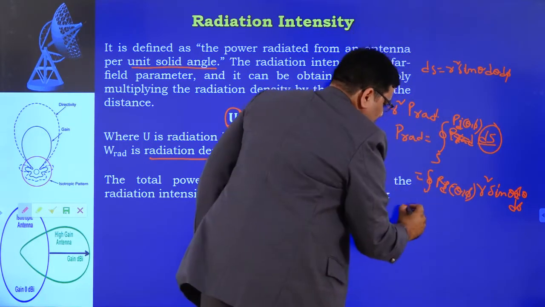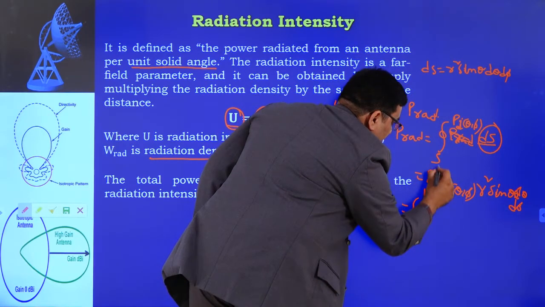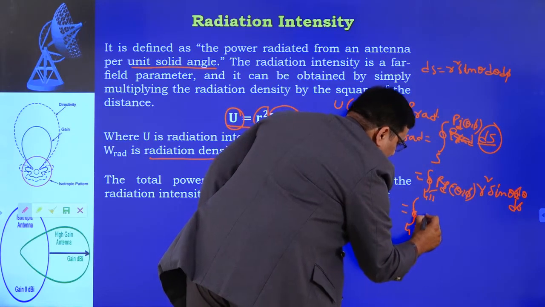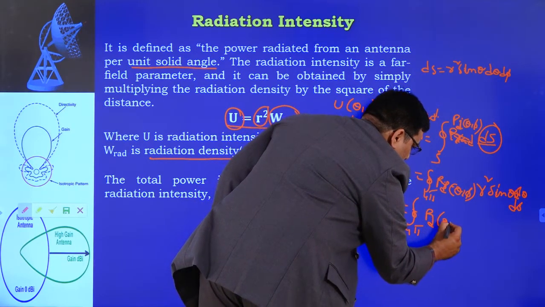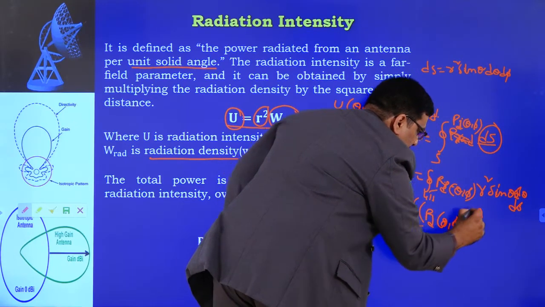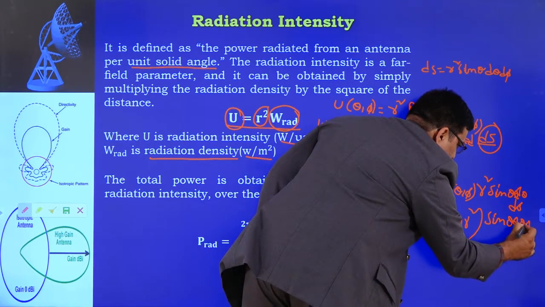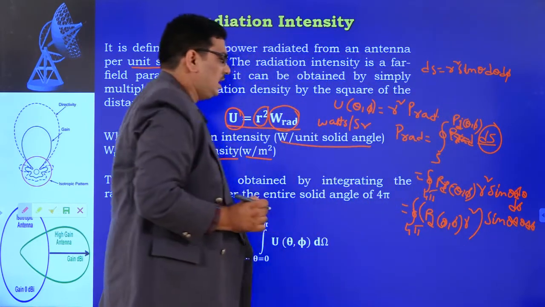If you substitute that value here, over 4 pi, we take PD, the power density, into r square as a single term, times sin theta d theta d phi.